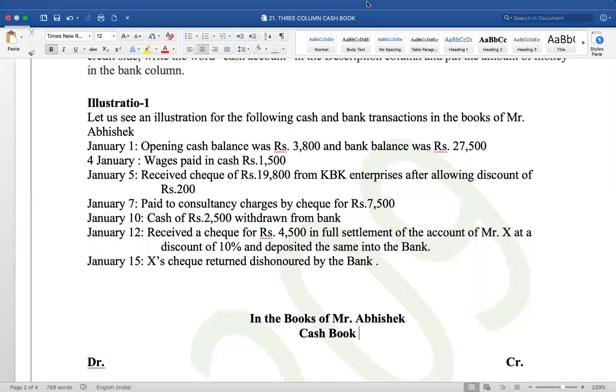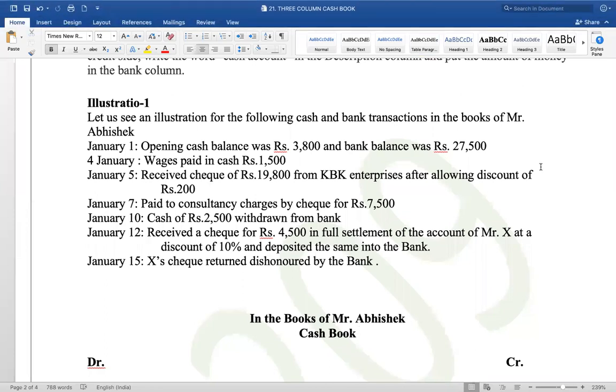Balance brought down? Credit, sir. What happens when you pay wages, Gundada? Credit. No, what happens, I'm saying. What will you do? I'm not asking. Balance brought down. No, beta.